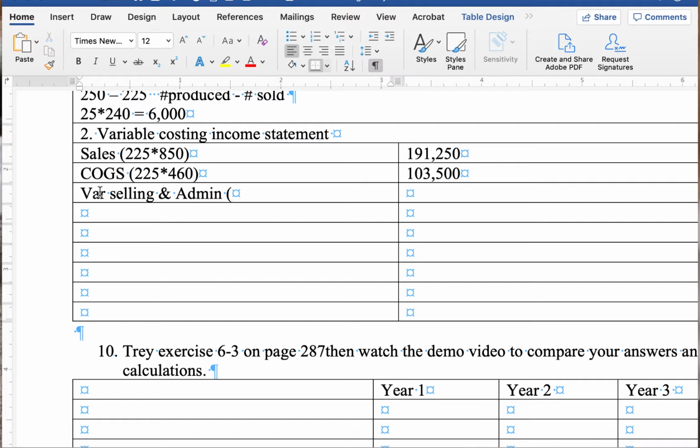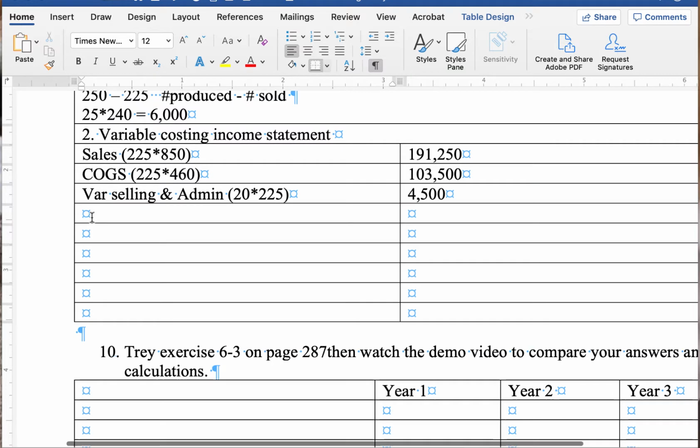They tell me in the problem that the variable selling administrative is $20 per unit times the number of units that I sold, 225. That gives me $4,500. So I can now calculate my contribution margin.